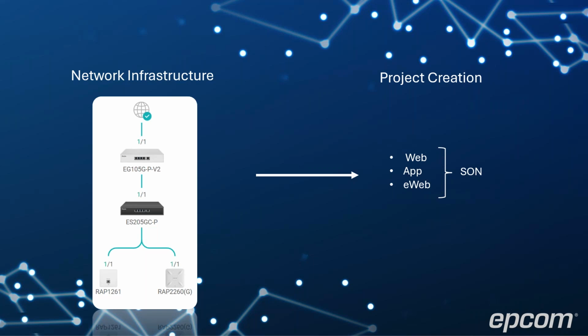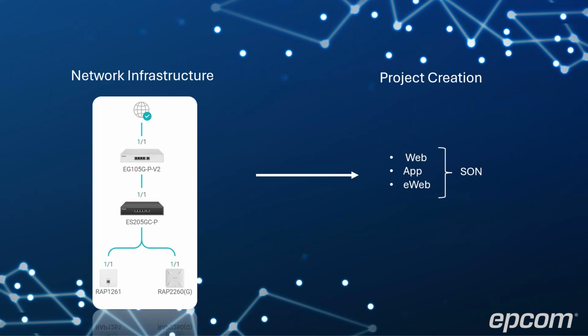Our router is a 105P version 2, sorry, a PoE router. It has 5 ports, 2 of them WAN ports and the rest LAN ports. Our switch is an Easy Switch 205GCP, a PoE switch with 5 ports. We will see more of them later.